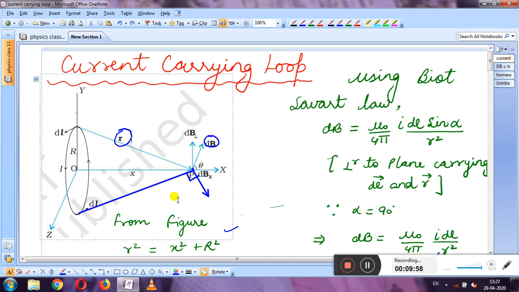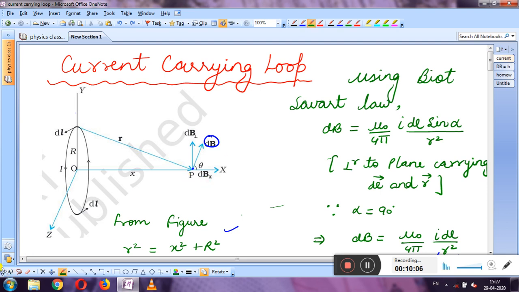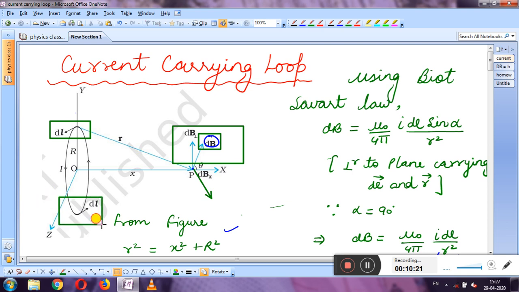Okay, now after that, like we did components here, we can again do components of the magnetic field which is due to this small current element. Now the components of the other dB will be like this.